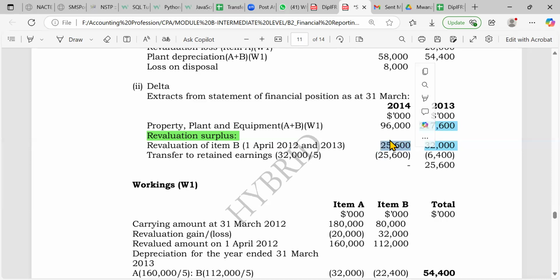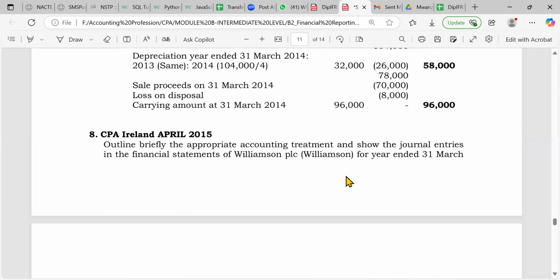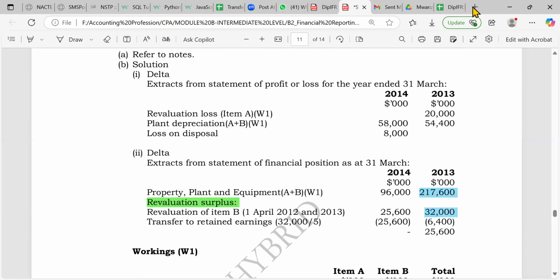Instead of saying you reduce 6,400 and take it to retained earnings, no, you remove it all and take it in full to retained earnings, instead of taking 6,400 each year, because the item is no longer in our books. Okay. So that's all about this question. I think now we are ready to proceed with the next.